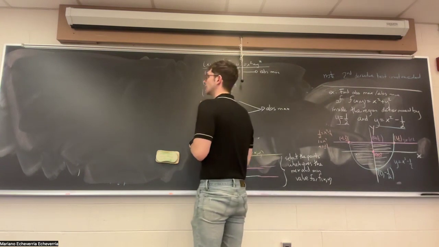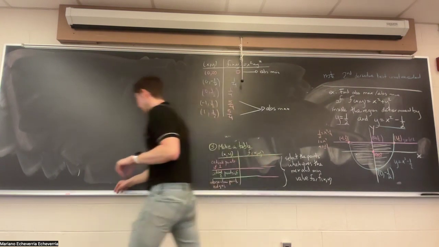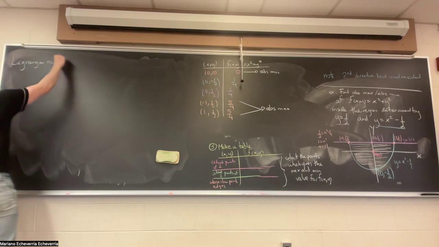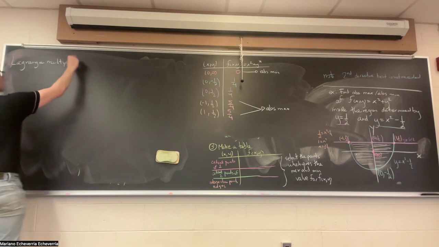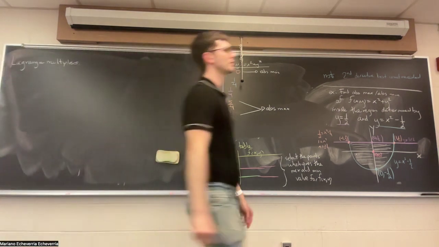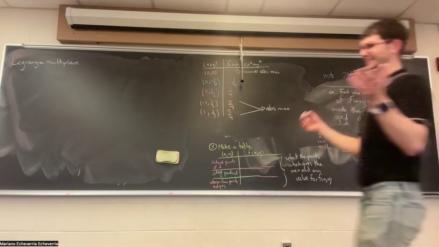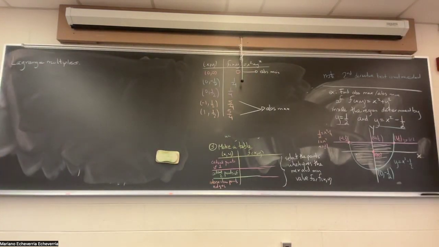Okay, so let's talk about the Lagrange multiplier. The way that we're going to think about this is, we're going to find the max and the min of a function when you only care about the values the function takes on a surface.